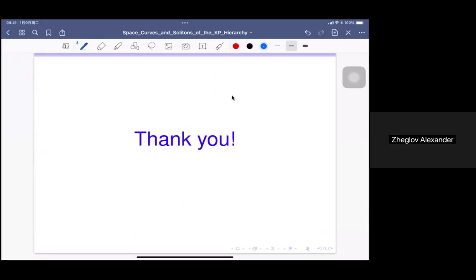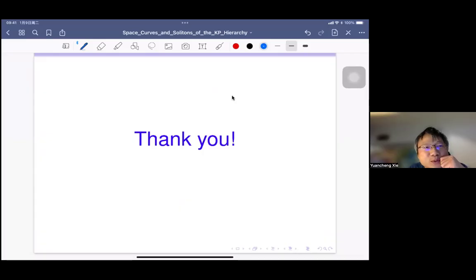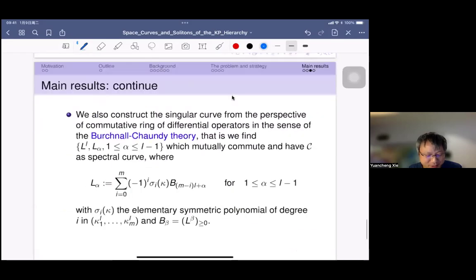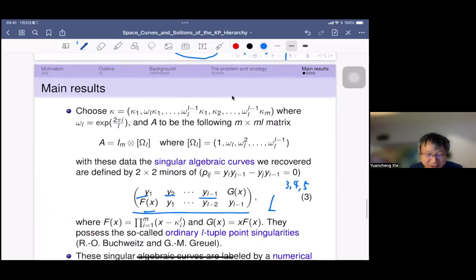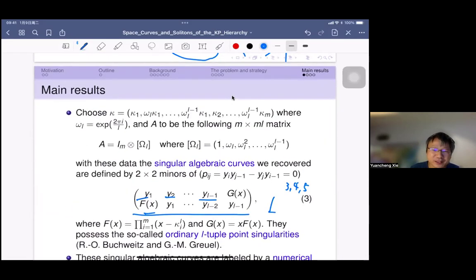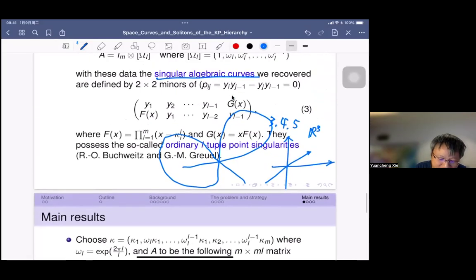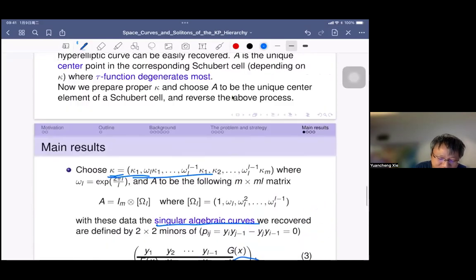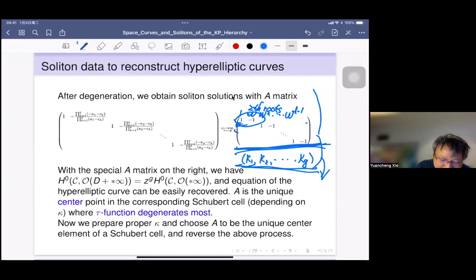So Yuancheng, just one question. So far, could you obtain all soliton solutions defined above in such a way? No, that's too ambitious. We actually chopped a very small piece from these soliton solutions. In general you want general matrices A, right?